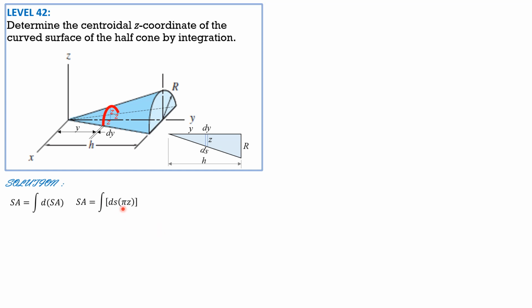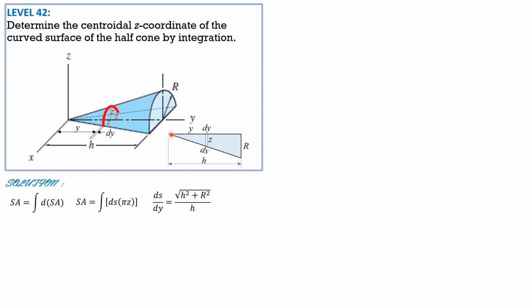So ds from the figure, z from the figure: by similar triangles, z is to y as r is to h, and ds is to dy, the slanted element to this dy, as the slant height of this right triangle.